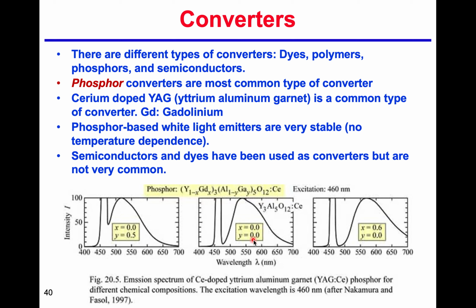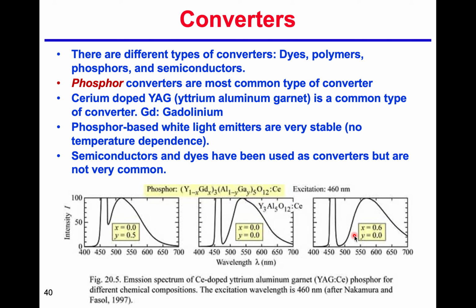So here 0, if we increase the Y value, it means we put more gallium into aluminum, then we can see the blue shift, from here to here, to the shorter wavelengths. So it's a blue shift in this composition.